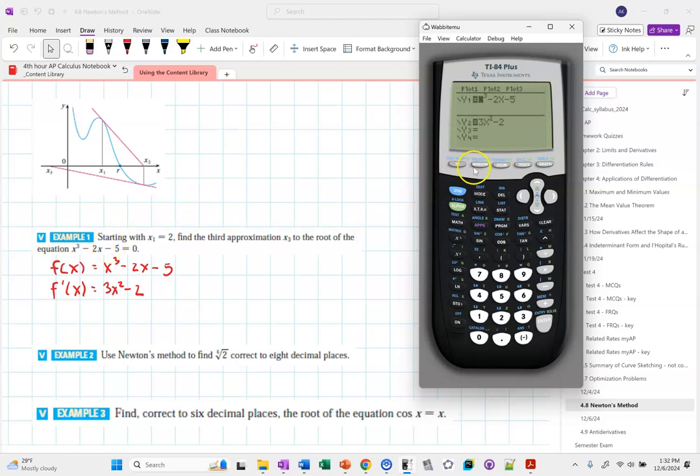So just to compare that, if we look at the graph here, x equals 2 is up here somewhere, right? So we're just sketching in from there. That's not a very good picture.